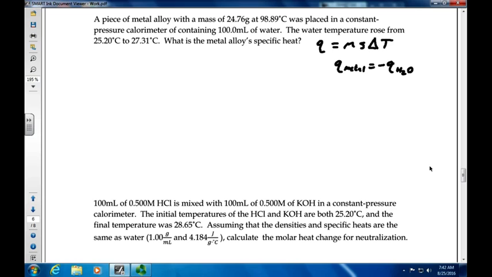So, coming back over here, we're going to do the heat of water, because we can calculate that from the temperature difference, is equal to the mass. If you look at 100 milliliters of water, every milliliter is a gram, so 100 milliliters is 100 grams.